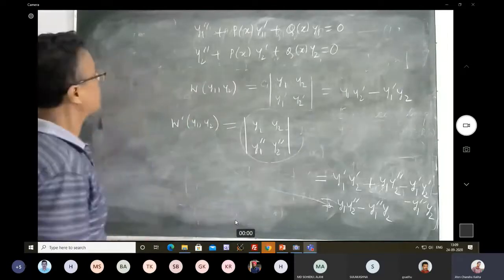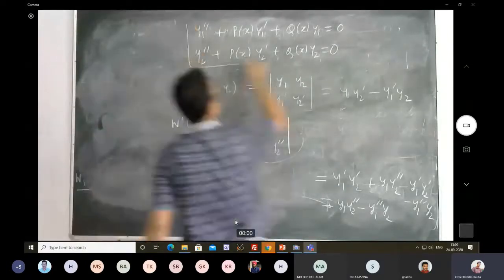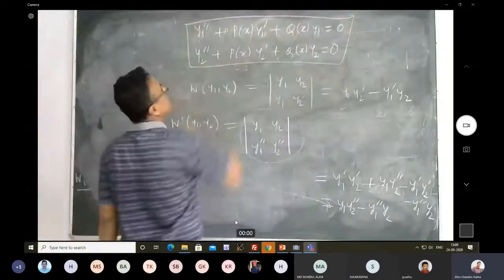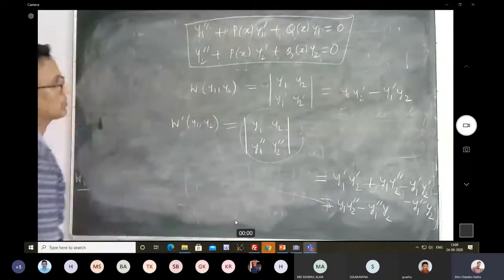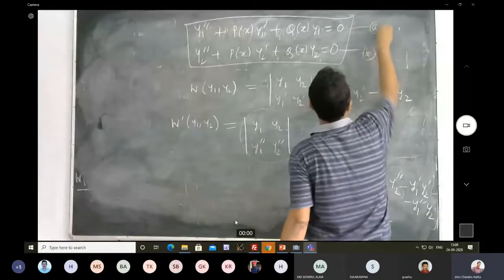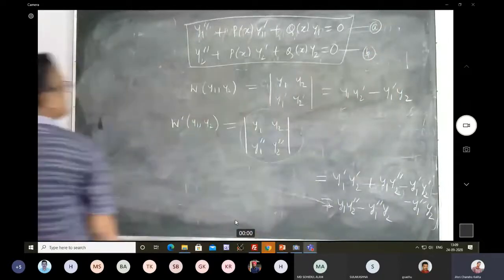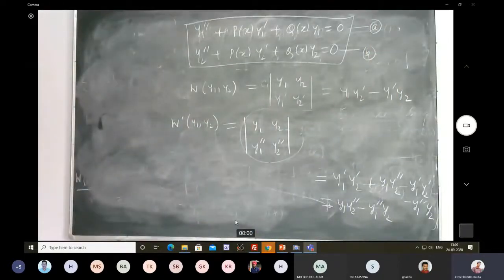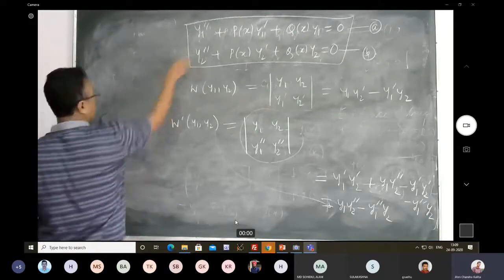Now I will try to eliminate qx from these two equations. Say this is small a, and this is small b. Simply multiply b by y1 and a by y2 and subtract.